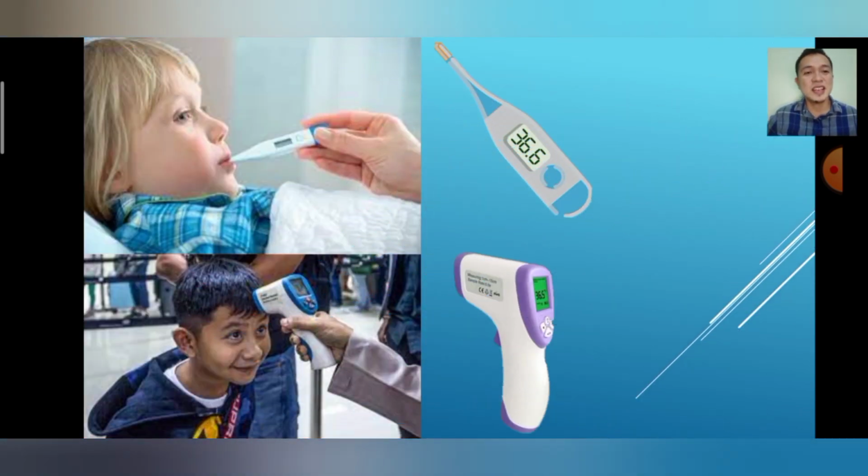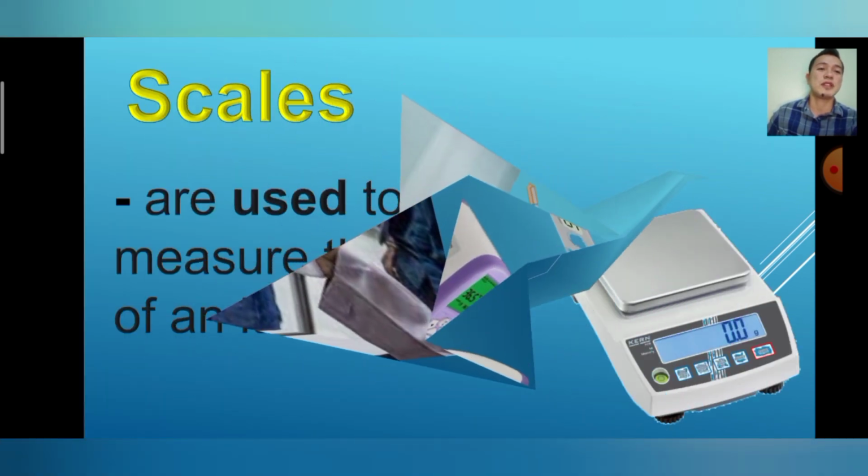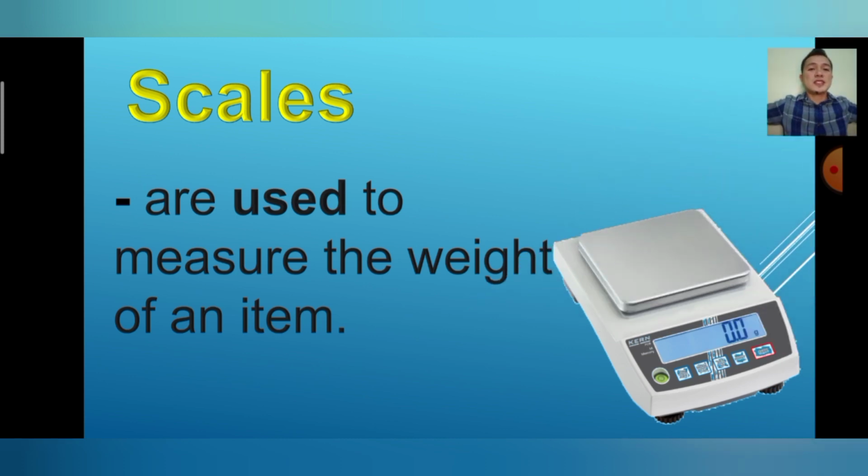See, look at those thermometers that we used. These two things are very familiar in our time today because of this pandemic situation. We use this one, the lower picture here, to get the temperature that we need, if either we have COVID or not. The next here is scales or scale.